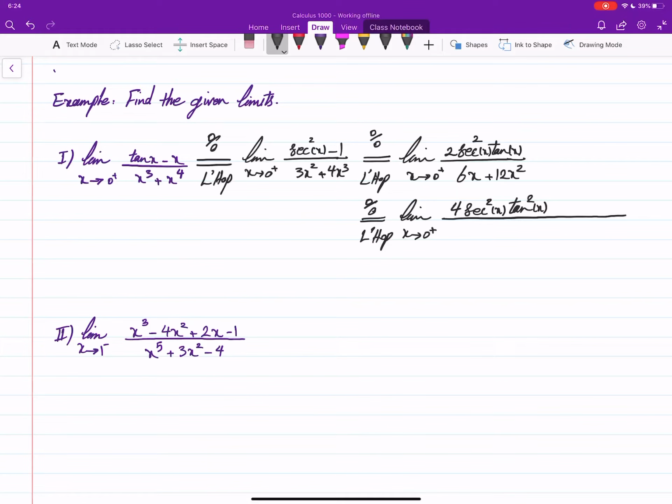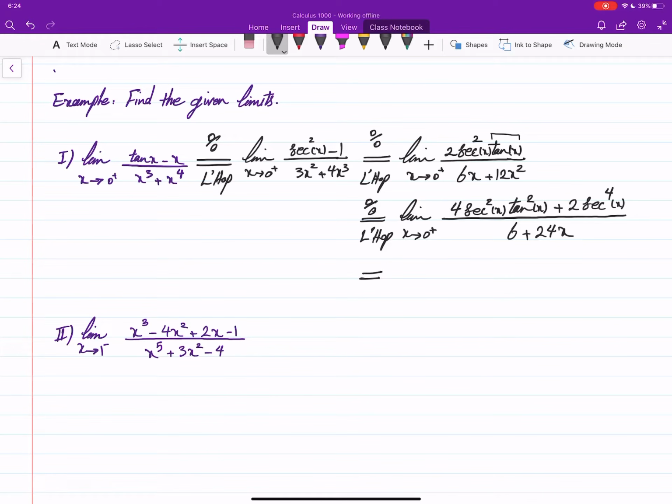The derivative of secant squared itself is secant squared tan x. There's another tan that will give us tan squared, plus 2 times secant squared x times the derivative of tan, which is secant squared. So together we get secant to the power 4, and 6 plus 24x.